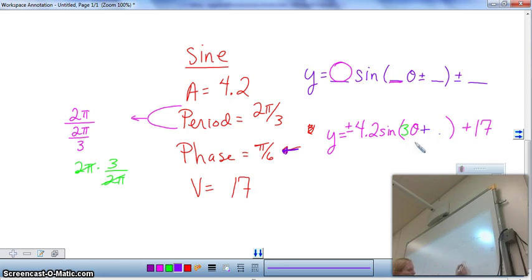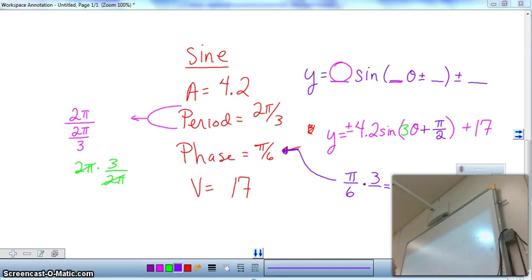The opposite of dividing is multiplying. So in order to get my phase shift, I'm going to take pi over 6 times 3, and that gives me pi over 2. They're not always pi over 2. That was just my 2 examples that happened. And that's how you write a function when you're just given the 4 parts.